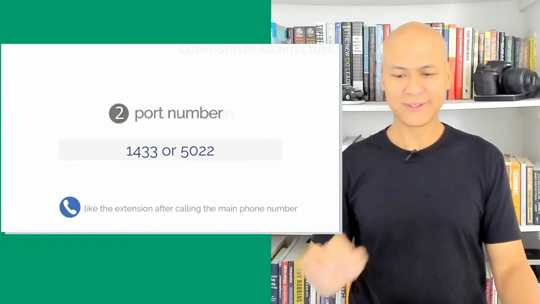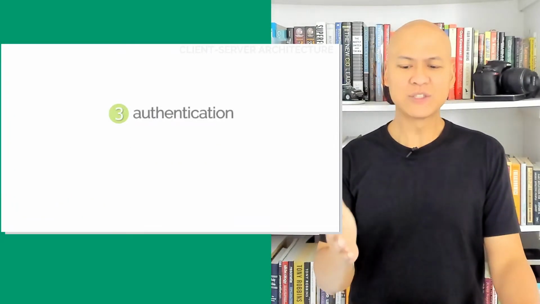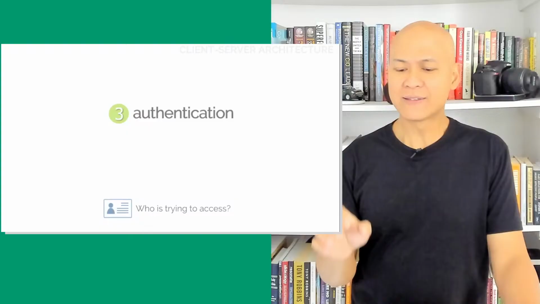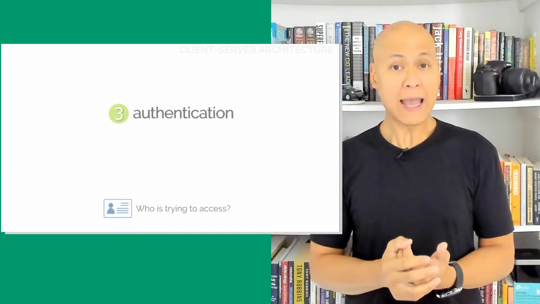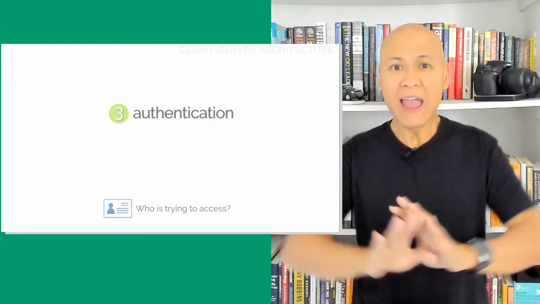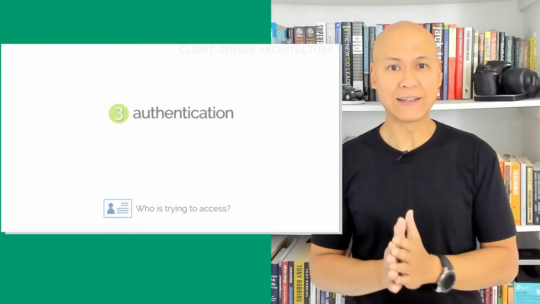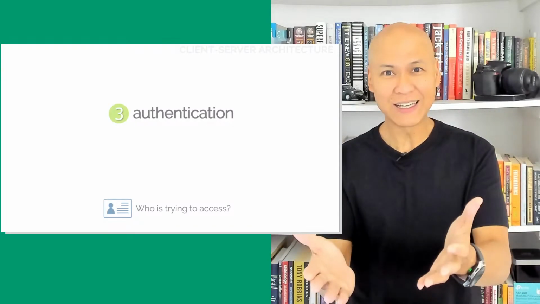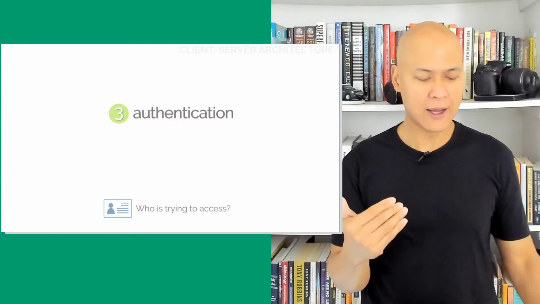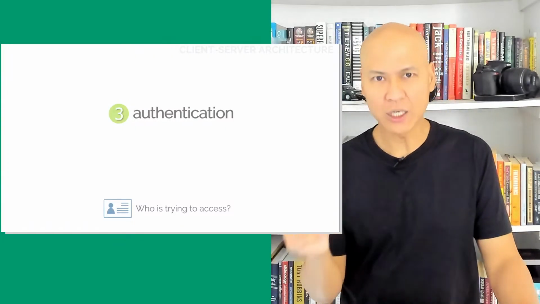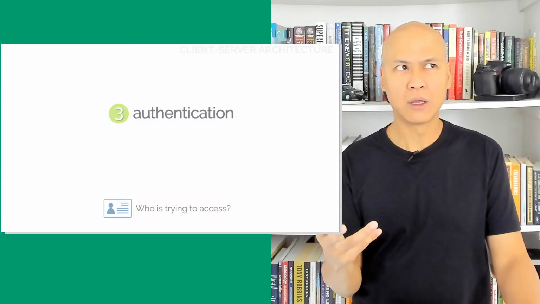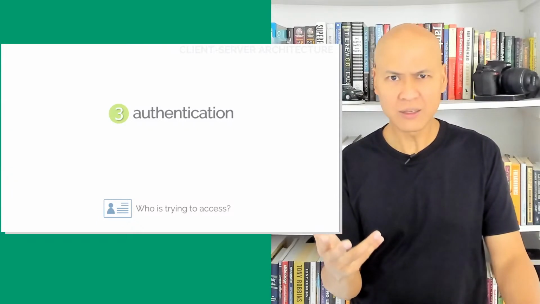Moving on. I did say 4, right? The third one is authentication. This answers the question of who's trying to access. In the context of accessing a website, everybody is authenticated. Really. Even if you open up your browser and type www.google.com. Wait a second, are you telling me I'm authenticated?